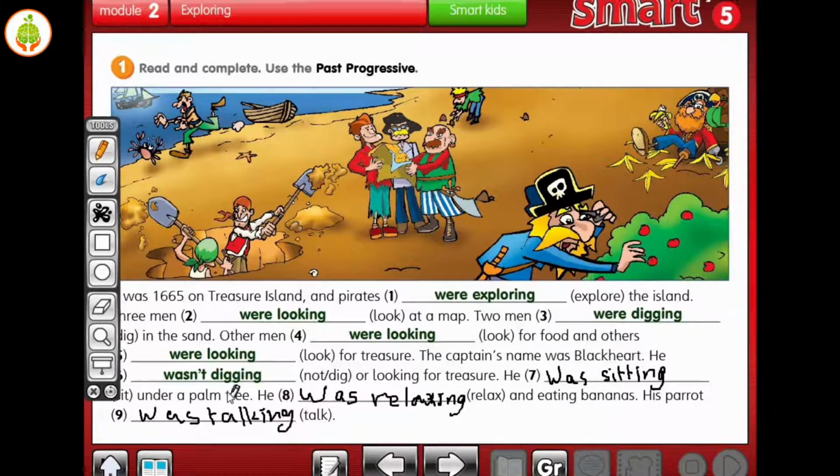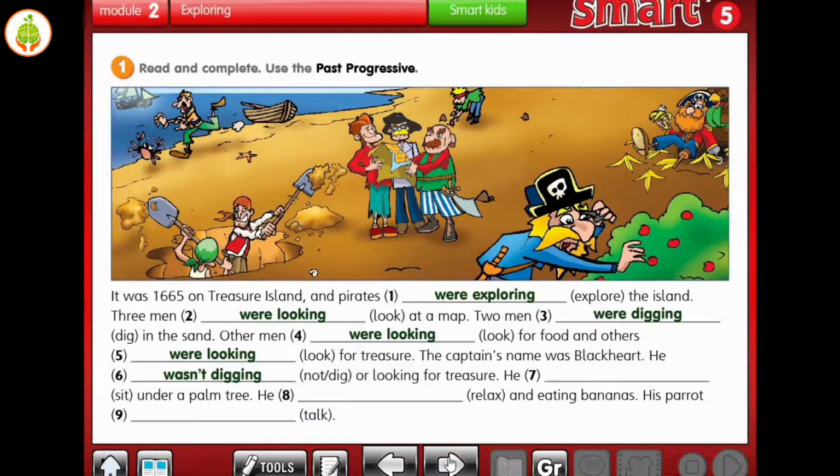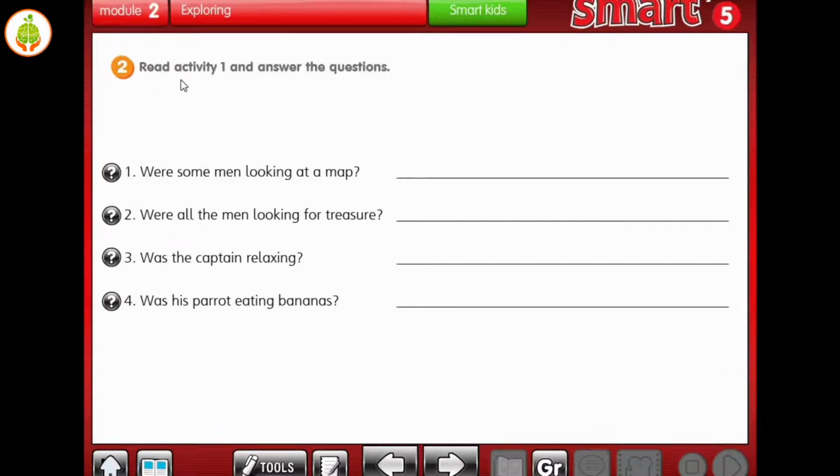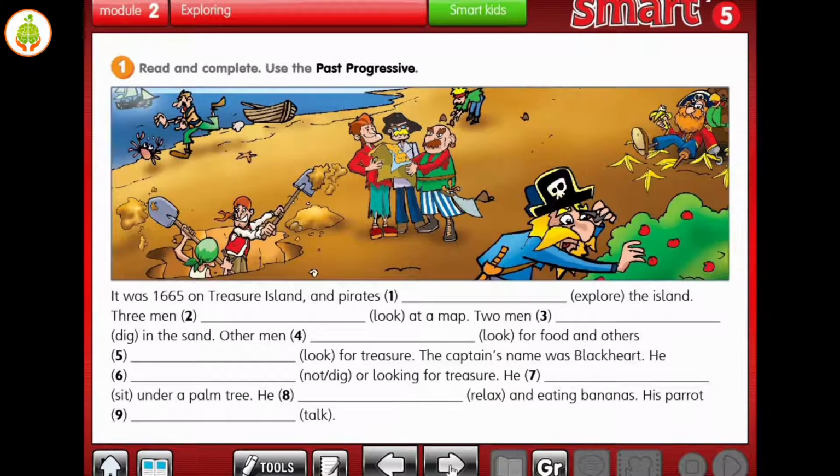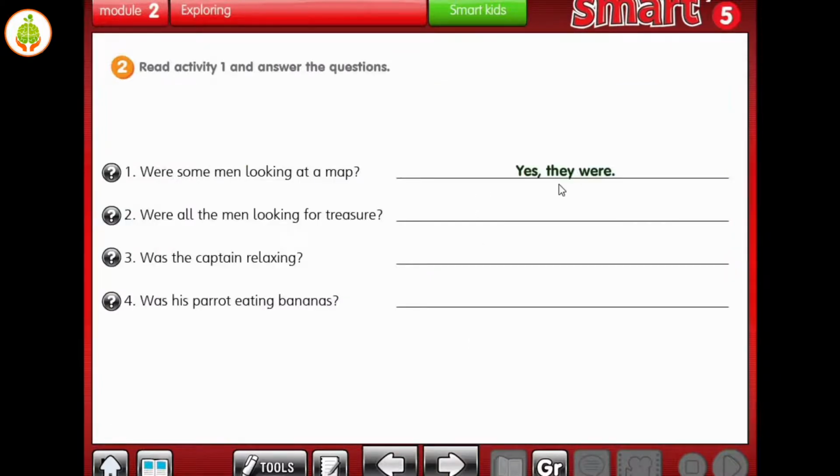Good job. Okay, so please write it down in your book. This is how we form the sentences with the past progressive tense. Alright, now let's go. Read activity 1 and answer the questions. Were some men looking at a map? Yes, they were. Very good. Number 2. Were all the men looking for treasure?